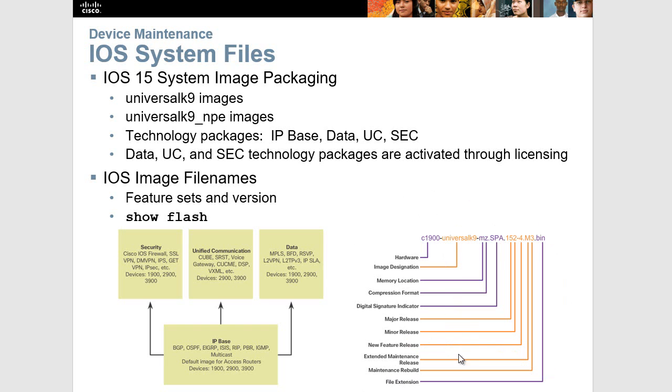So there are different segments to each, or different meanings to each segment of the iOS image name. Okay, if you do a show flash, you are going to see just this iOS image name, in case you're wondering what version you're on. So you can do that with the show flash.